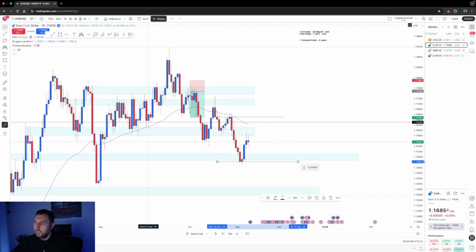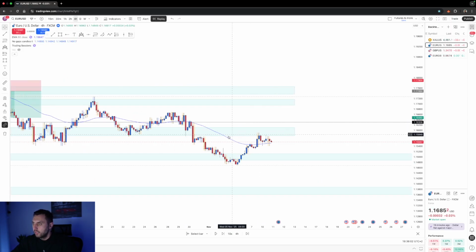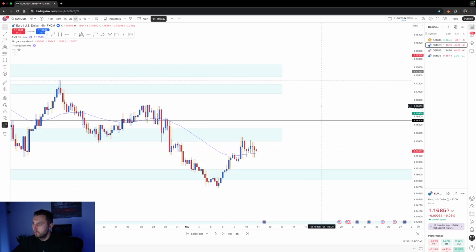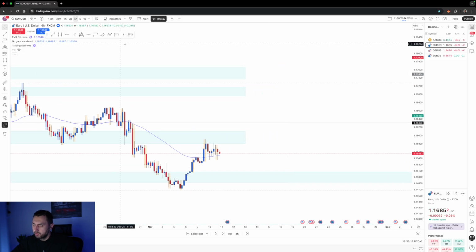The daily is bearish, and 4 hour is right now from here to here: high, high, high, low, high, high. Okay, so 4 hour is bullish, daily bearish.